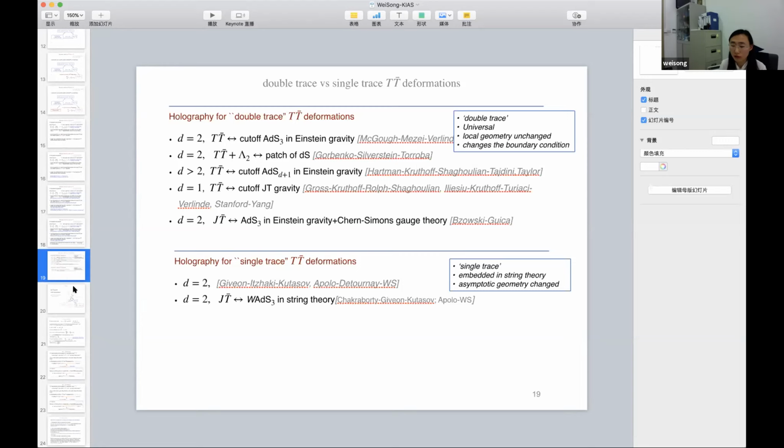Excuse me, please. Concerning your deformation parameter, it has the dimension of curvature. Is it possible to express your action, which was written in terms of the stress tensor, in terms of the curvature?